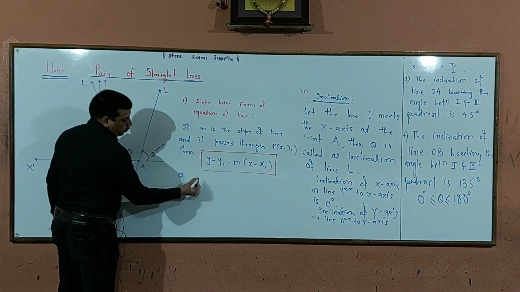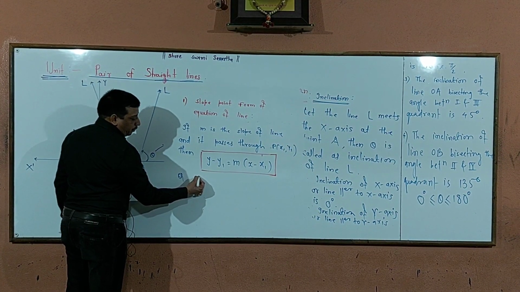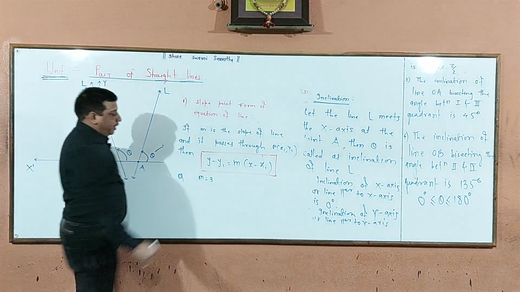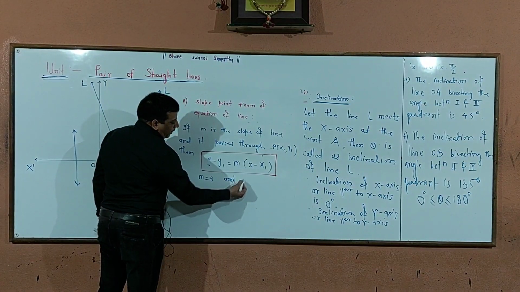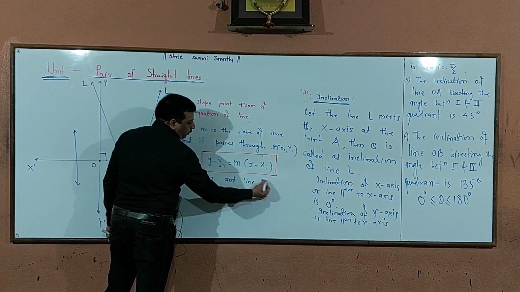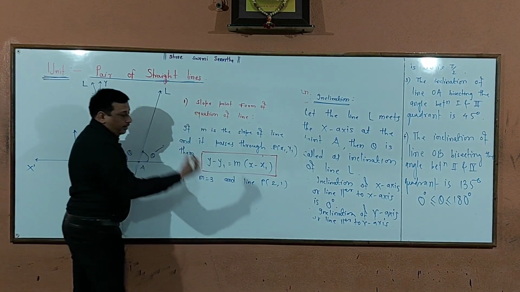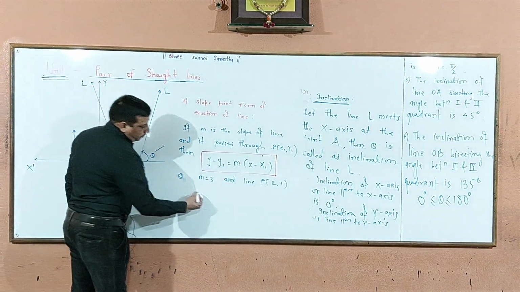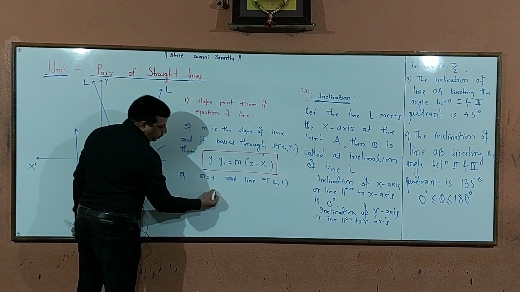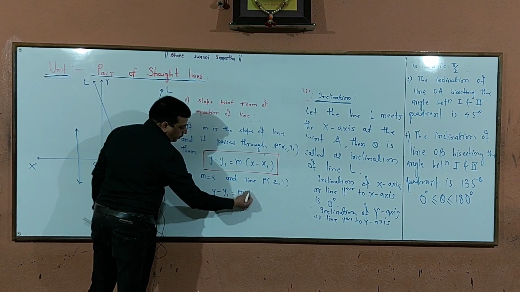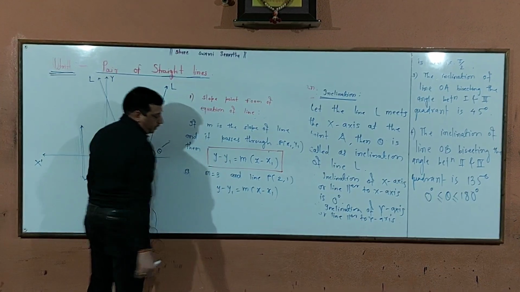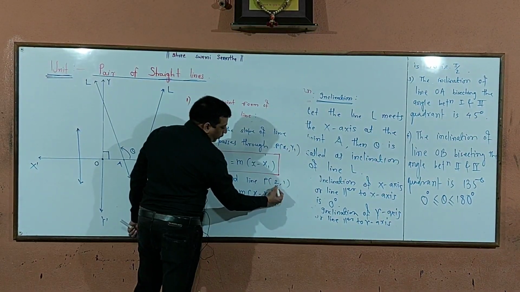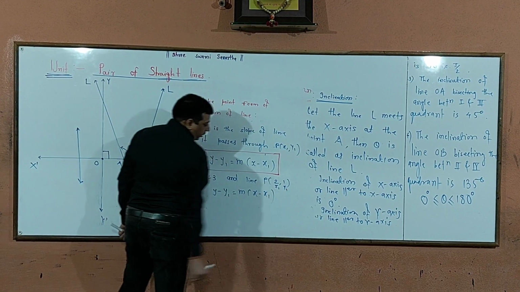If the slope of the line m is equal to 3 and the line passes through the point P(2, 1), then find the equation of the line. By slope point form, y minus y1 is equal to m times x minus x1. The slope is given, m is equal to 3, and the point P is given as (2, 1), that is x1, y1.